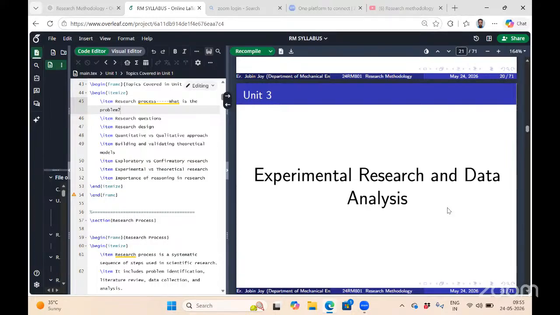In a controlled environment inside a laboratory setup, you have to conduct experiments and identify the cause and effect relationships between the independent variable and the dependent variable. This is what is called experimental research. Examples: testing machine efficiency, measuring heat transfer, material strength testing, robot motion analysis, production line experiments.